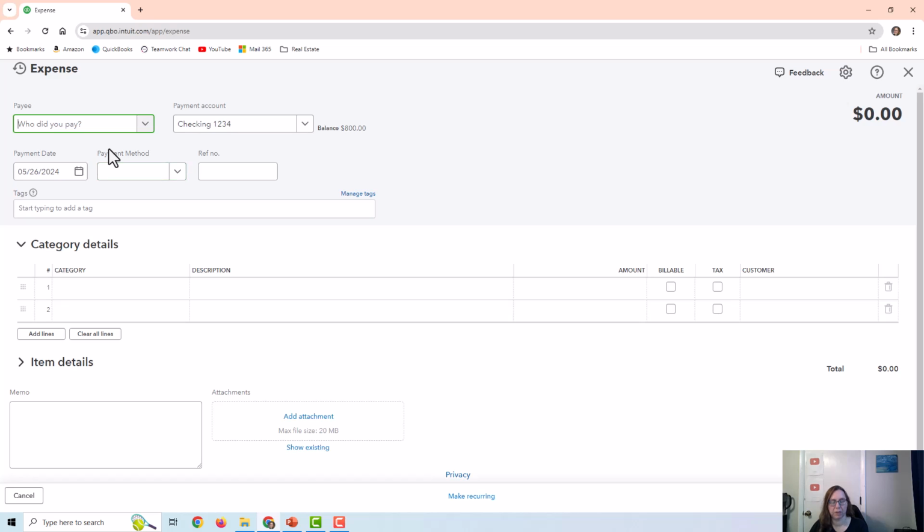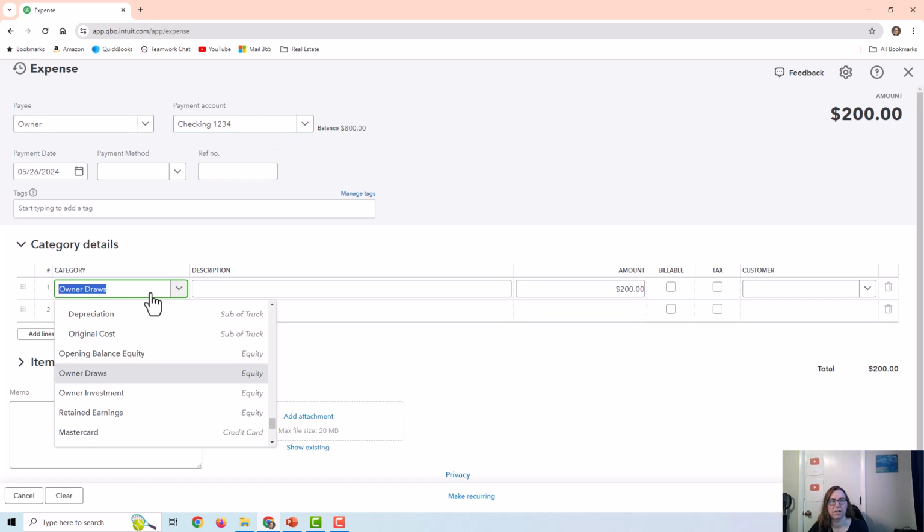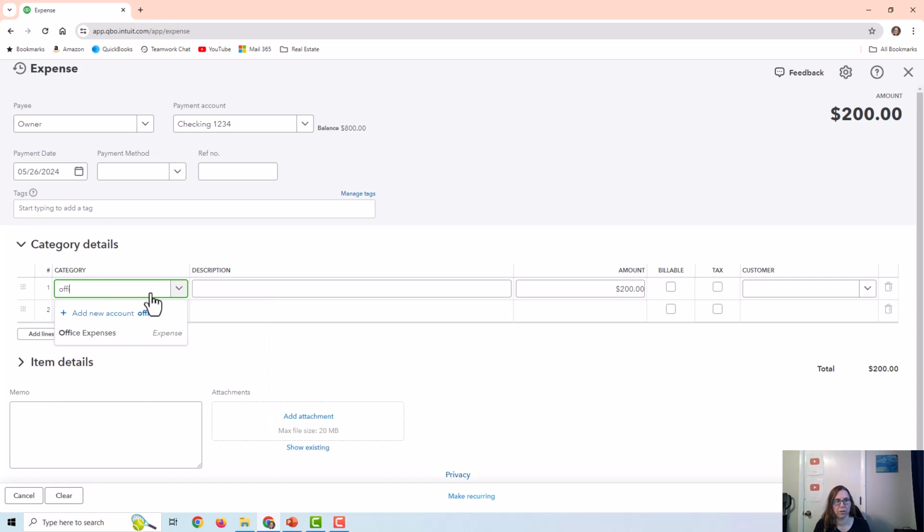I'm just going to assume it was a bank transfer, so I'm going to use an expense. So the payee would be the owner, the payment account would be the checking account, and then the category would not be owner draws this time because the owner's not taking money out for themselves. They are paying themselves back for an expense of supplies.